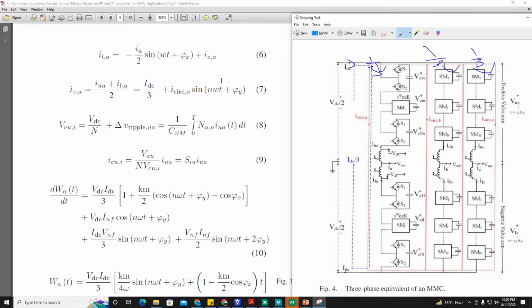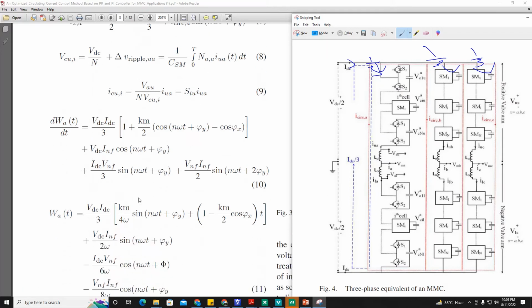So if it is left uncontrolled, this portion of the ripple will increase and the overall converter will trip. So take care of these two things. It's necessary to suppress these two things. And a lot of active research is going on to control these two things.